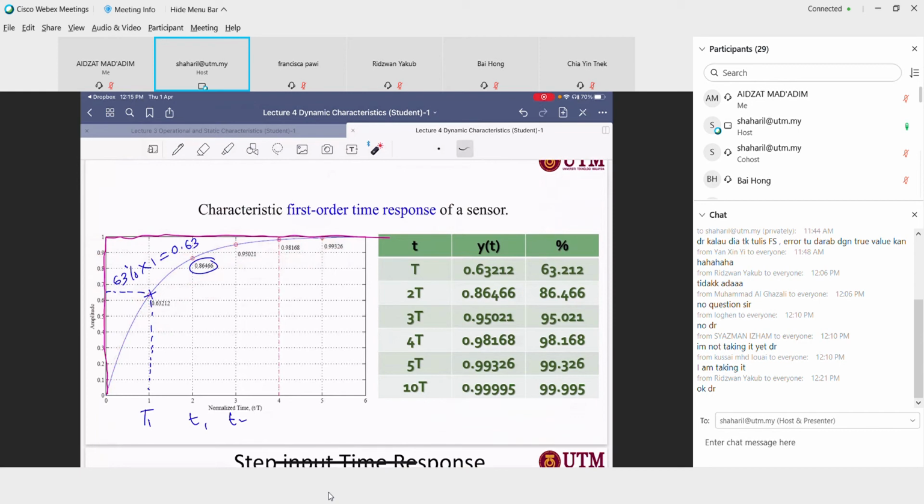Which one? Anybody can answer that? Which point do you think? Because this question was asked last semester. Which point represents the accurate data?